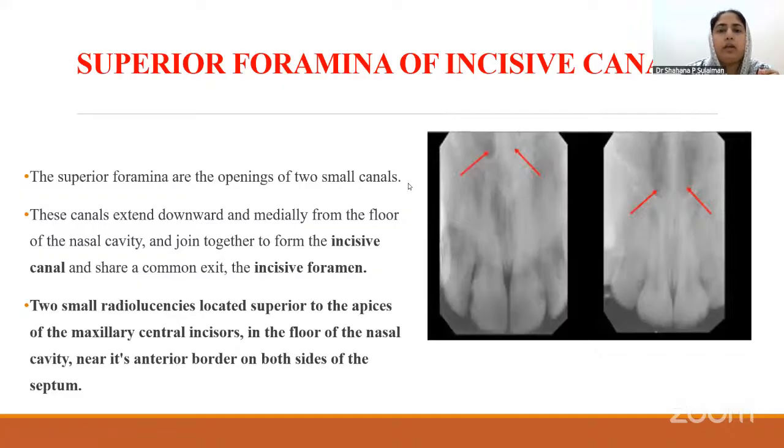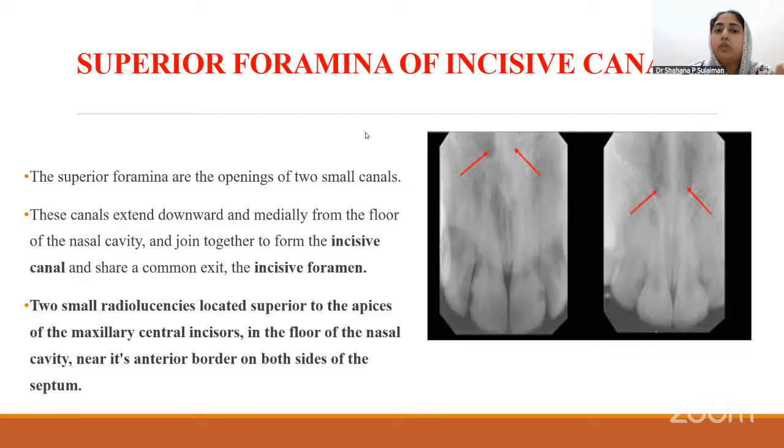Now we have talked about the inferior opening of the nasopalatine canal. Similarly, we have a superior opening of the nasopalatine canal. When this canal moves upwards, it bifurcates into two canals and opens into the floor of the nasal cavity as two foramina.